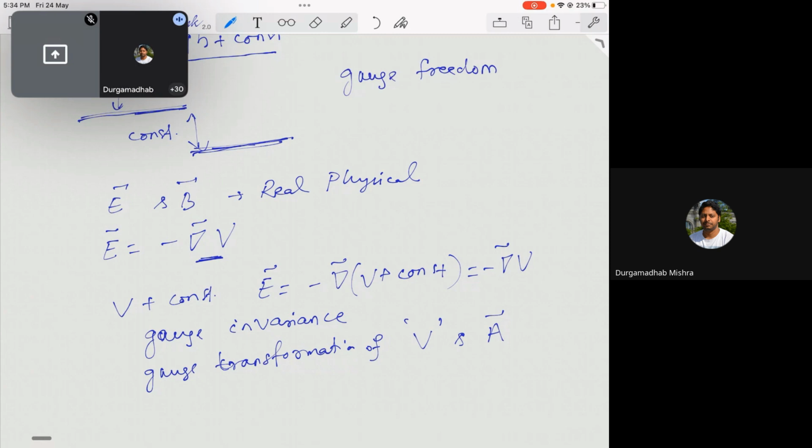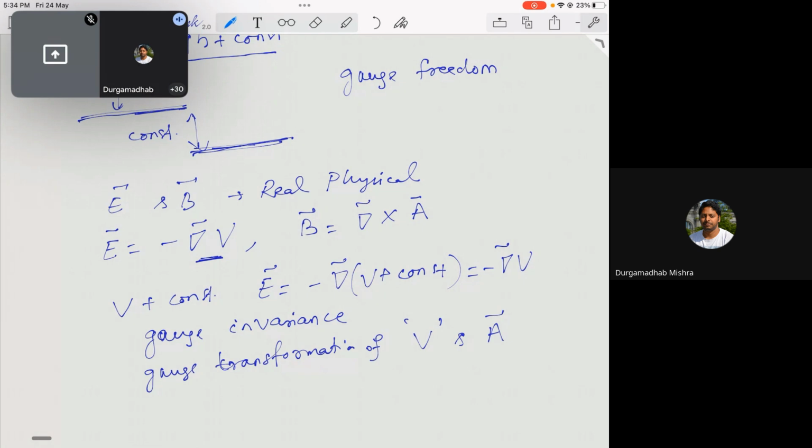So far what we know is for the electrostatic and magnetostatic case: E is minus gradient of V, and B is curl of A. But what happens when the electric field and magnetic field are varying? In electromagnetism, we saw that a time varying electric field can produce a magnetic field, and a time varying magnetic field can produce an electric field.